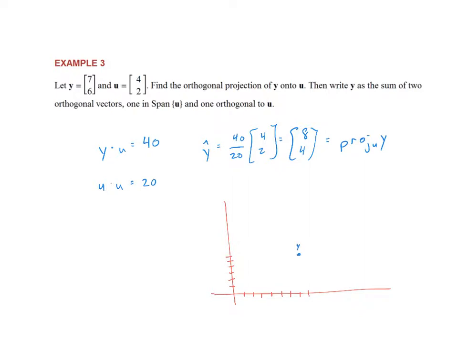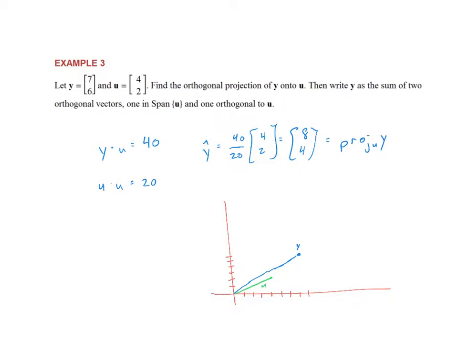And then my vector, let me draw a line to it. Pretty good. And then my vector u is 4, 2. Change colors here. 4, 2. This is the vector u. And then let's change colors a third time. We'll go black this time.